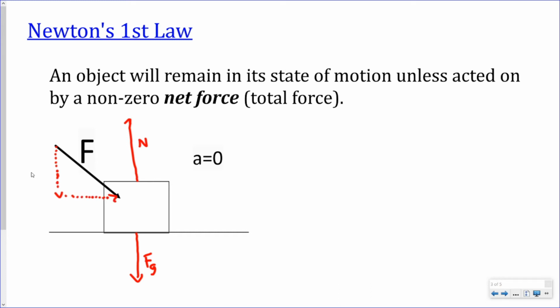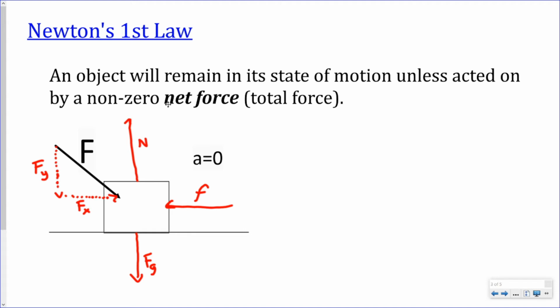We're just going to call these F subscript y, because it's in the y direction, and F subscript x because it's in the x direction. What else do we have? Well, friction opposes motion. So if it's being pushed this way, friction is going to be acting this way. So we have F friction. And these are all our forces that are acting on here.